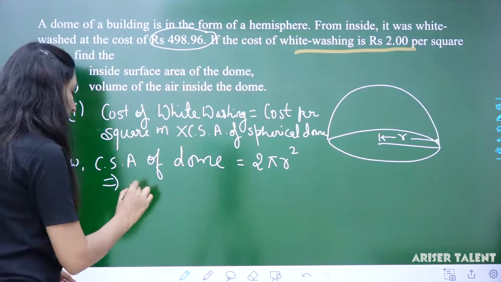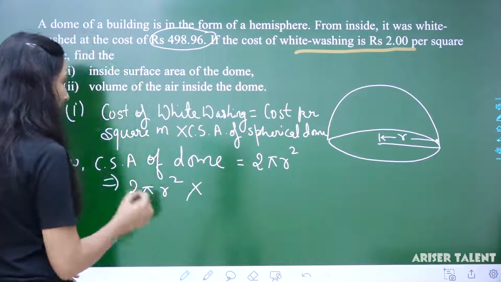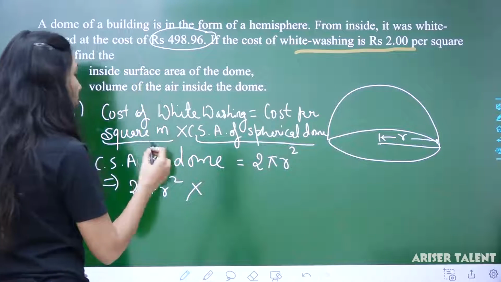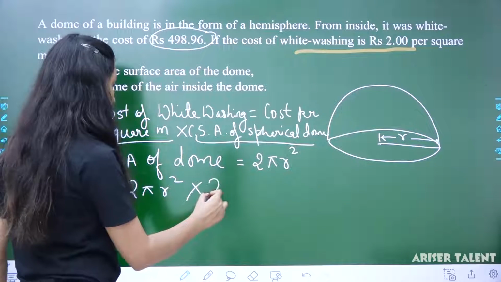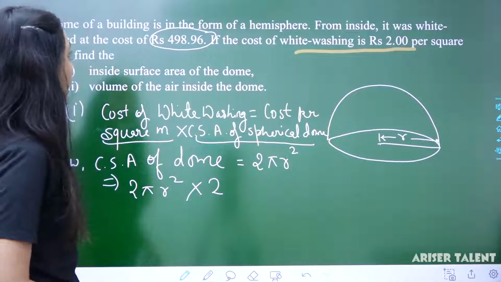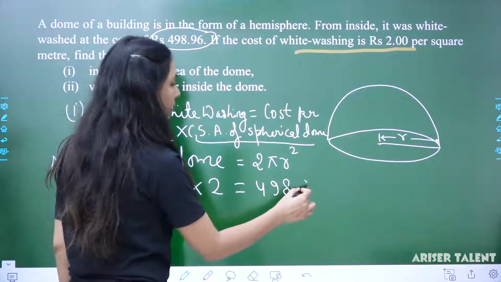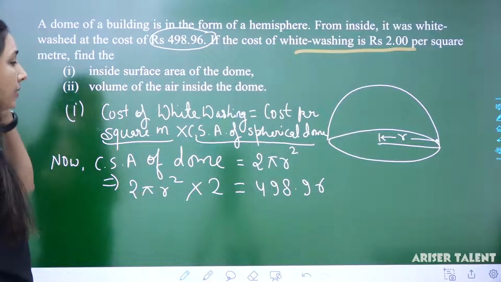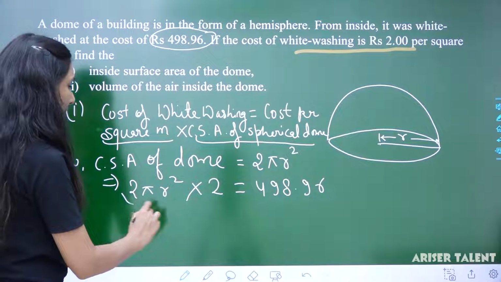Implies that 2 pi r square multiplied by this curved surface area multiplied by cost per meter square. Cost per meter square is given as 2, is equal to 498.96. That is going to be the inside surface area.